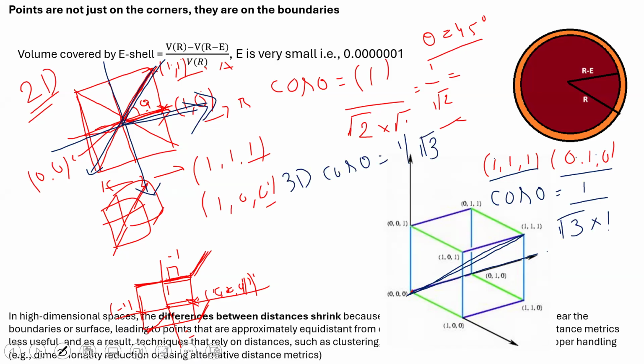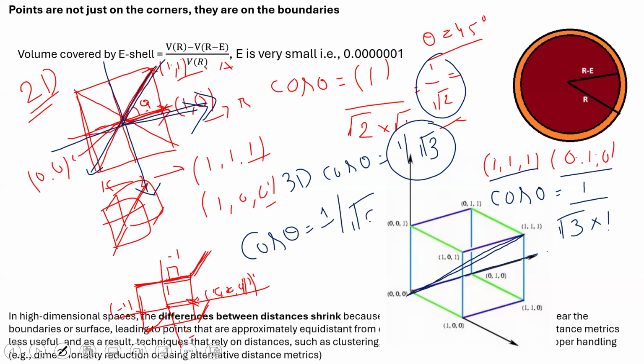Okay. For 2 dimensions, we got 1 by root 2. For 3 dimensions, we got 1 by root 3. For d dimensions, I would say it is 1 by root d. Okay. Now let's apply the limit d tends to infinity.